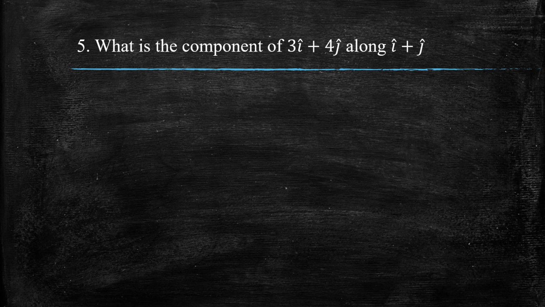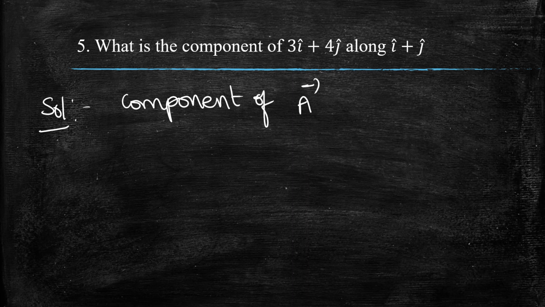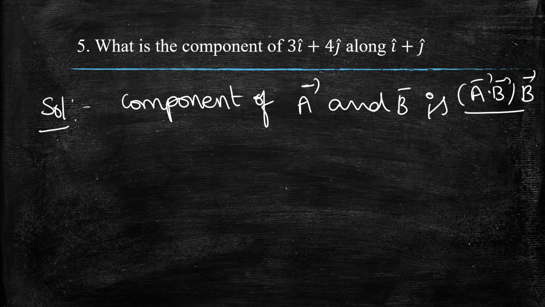That is the fifth one. What is the vector component of 3 i bar plus 4 j cap along i cap and j cap? So let us go to the solution. Component of A bar along B bar is A bar dot B bar into B bar by modulus of B bar square.